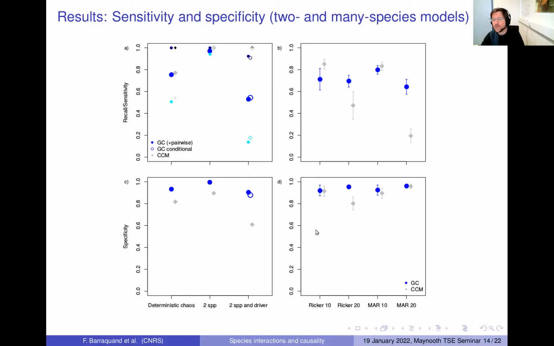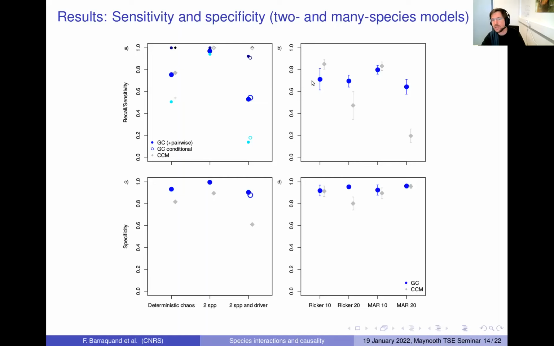If we move to many species, Ricker 20 is this discrete time Lotka-Volterra version for 20 species, and Ricker 10 for 10 species. And MAR10 and MAR20 are the linear approximations of those models.